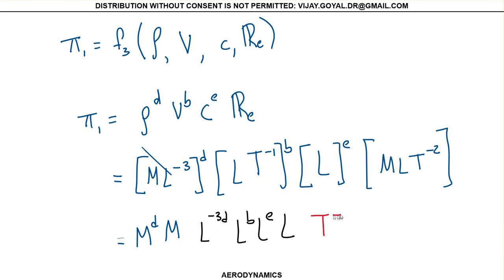Time is minus b minus 2. Okay, and what we want to make sure is that all of these quantities are 0.